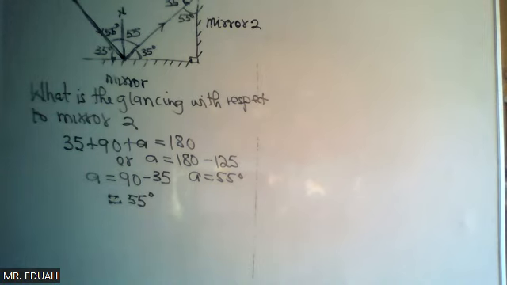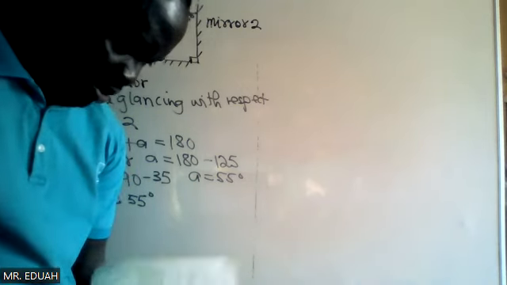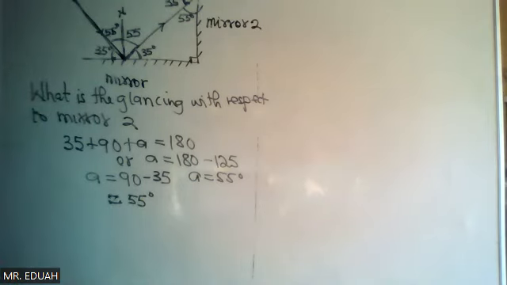Go ahead, please, I want to ask a question. Mr. Dia, can you say that the glancing angle with respect to mirror 2 is alternate to this angle? From this perspective, you can see it.